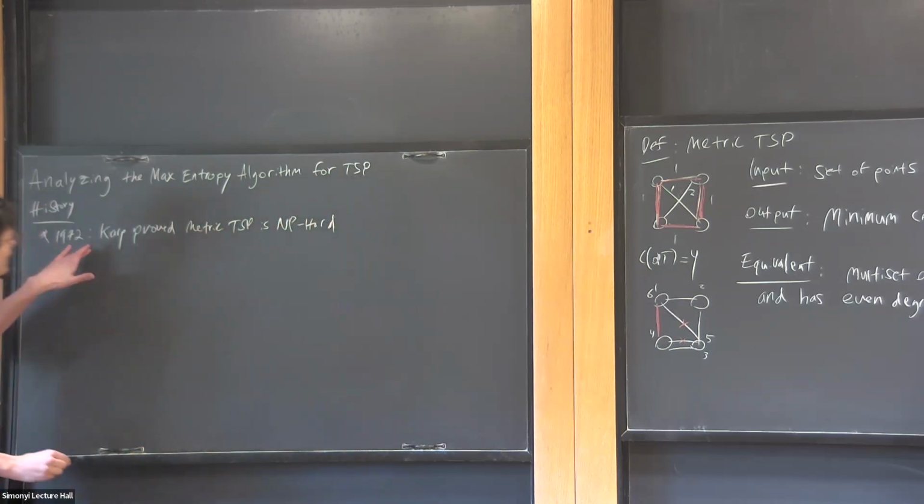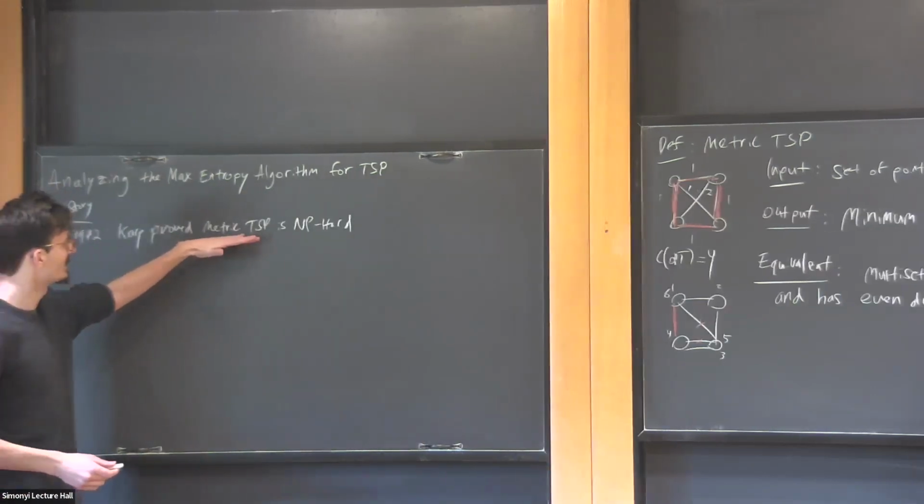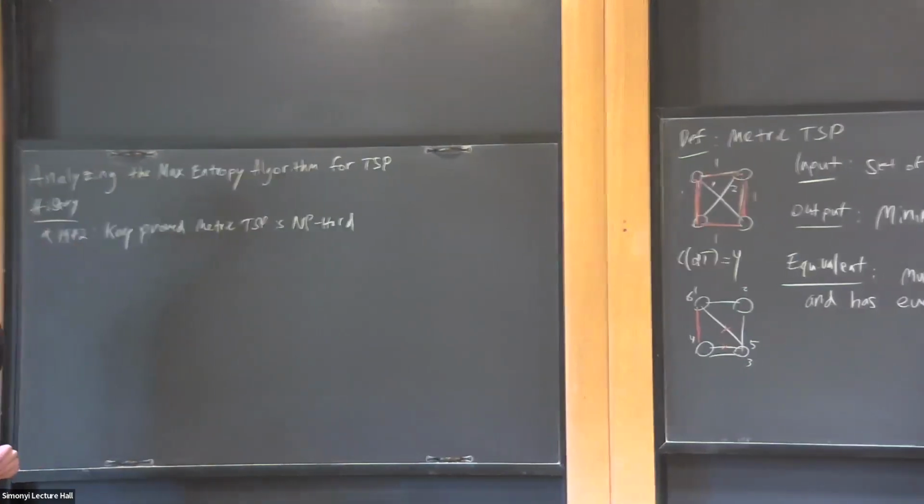Okay, and I'm lying a little bit. What Karp actually proved is that Hamiltonian cycle is NP complete. But it's immediate to see that this means that metric TSP is NP hard.